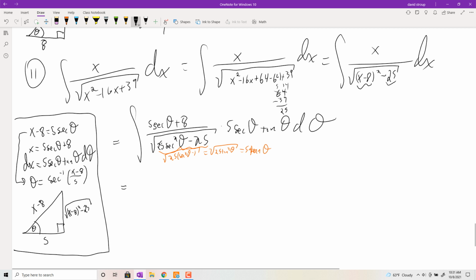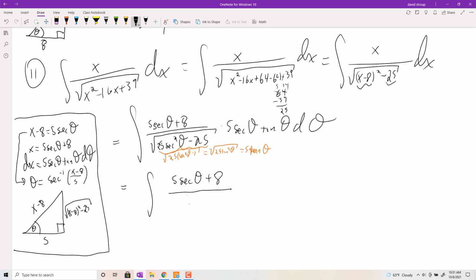All right, so rewriting my integral a bit. So I got 5 secant theta plus 8 all over 5 tan theta times 5 secant theta tan theta d theta.